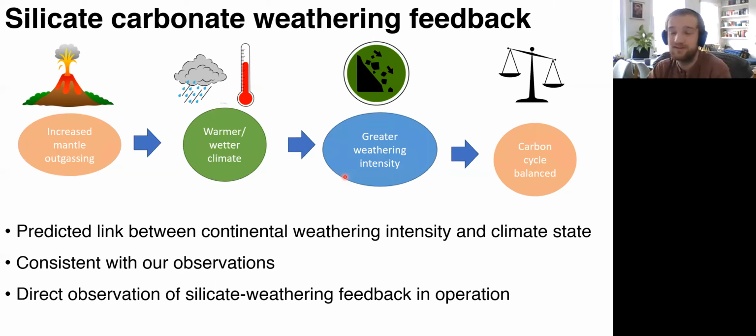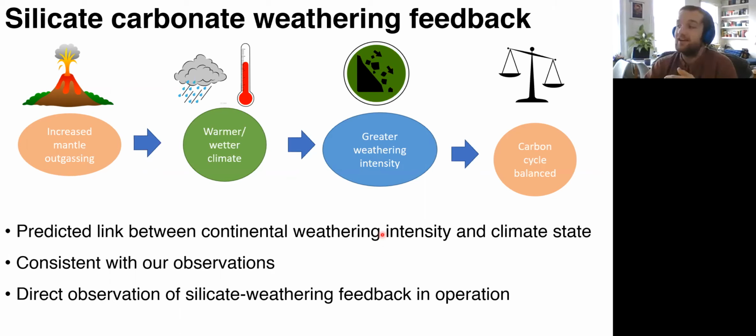So weathering, being a sink for CO2, would draw down CO2, matching the increased outflux with an increased sink, which balances the carbon cycle. So what this means is we'd expect to see a link between the silicate weathering intensity and the climate state.